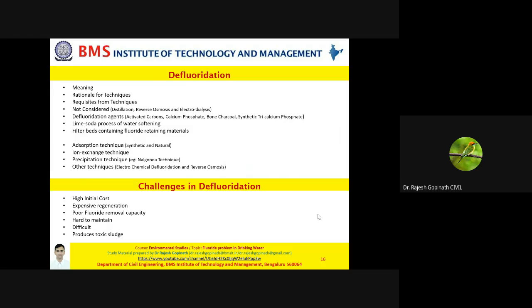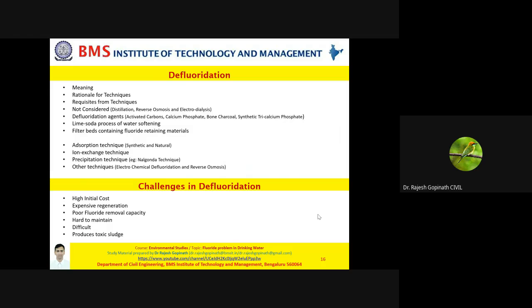Okay, now as of now, the various techniques which are available to remove fluoride include adsorption, wherein you employ activated carbon. You also have ion exchange. You also have electrochemical defluoridation and reverse osmosis, but probably in today's class we'll be focusing more on the Nalgonda technique, which is basically a precipitation technique.